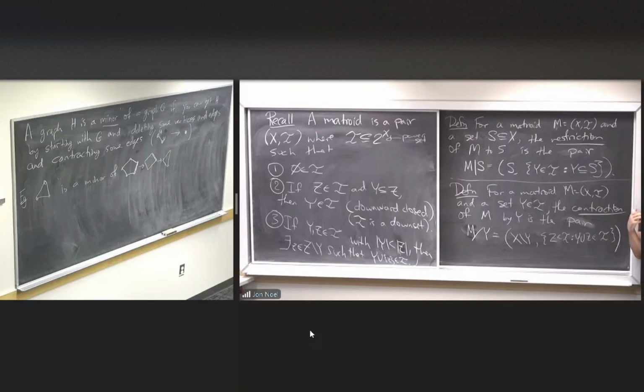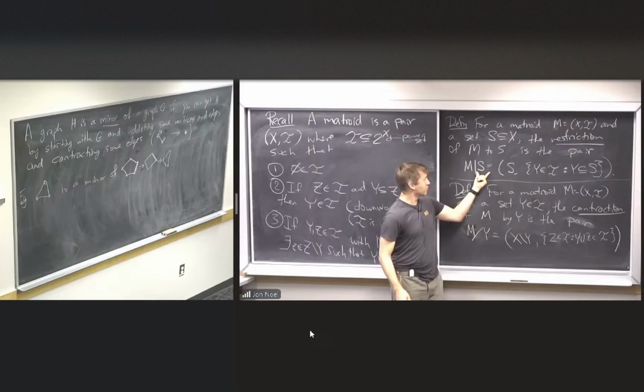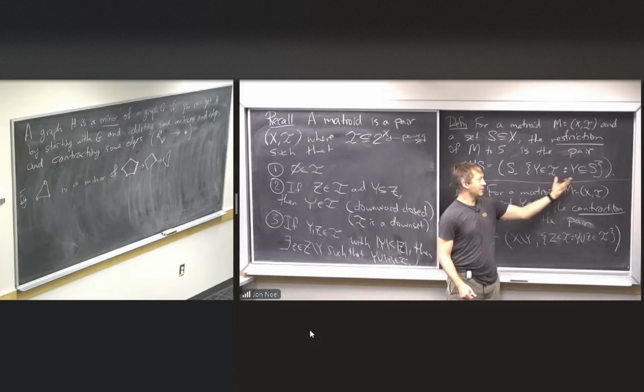In the new graphic matroid, every acyclic set of edges that doesn't include my deleted edge will be an independent set. Think of S as being all the edges except for one, and I'm taking everything that was independent before but doesn't include that edge I deleted.